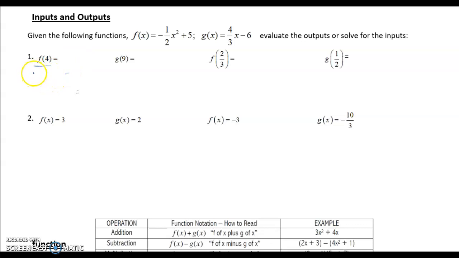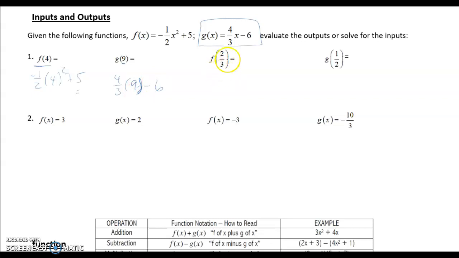So for this, all you're going to do is evaluate -1/2 times 4 squared plus 5. I'll leave that work for you to do. Here, again, with this function, you're going to replace the x with a 9. So it's going to be 4/3 times 9, minus 6.